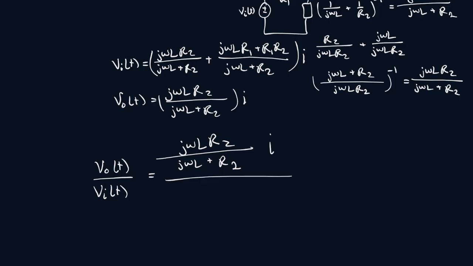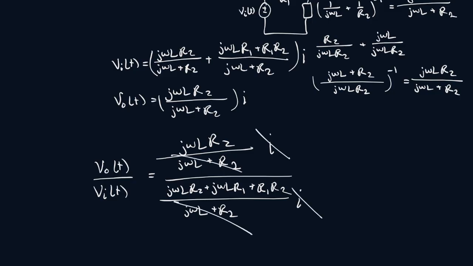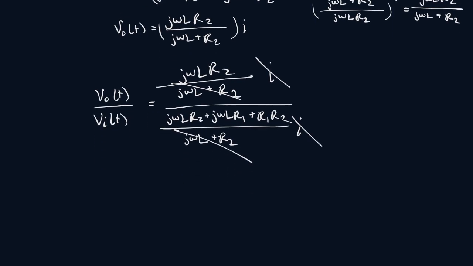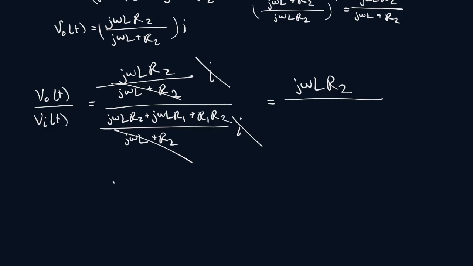So this will be JWL R2 plus JWL R1 plus R1 R2 all over JWL plus R2 times I. These two cancel each other out. This and this cancel each other out. So what we're left with is JWL R2 all over, I think we can take the JWL out, and just do R2 plus R1 plus R1 R2. Okay, that looks good.